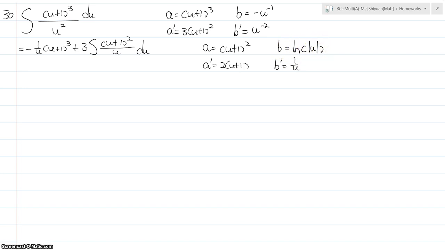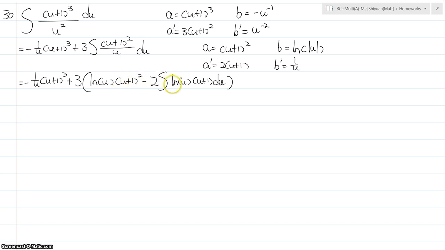So this is along for the ride: negative 1 over u times (u plus 1) cubed, and I'll write it in fully, plus 3 times ln u times (u plus 1) squared minus 2 times the integral of ln u times (u plus 1) du.